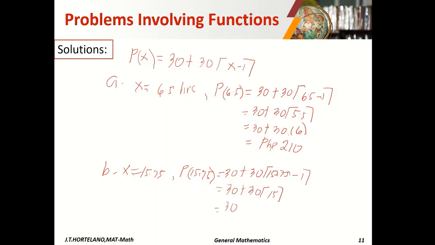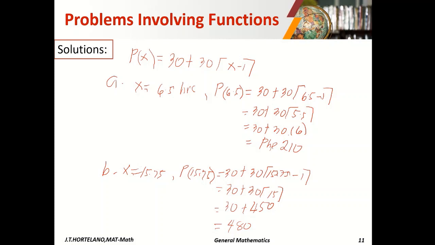So let's multiply 30 plus 30 times 15 is, what is 30 times 15? 30 times 15 is equal to 450. So this is 450. Then simplify. 450 plus 30 is 480 pesos. Therefore, pag 15.75 hours na ang kinumsyon sa parking lot, ang babayaran niya ay 480 pesos.